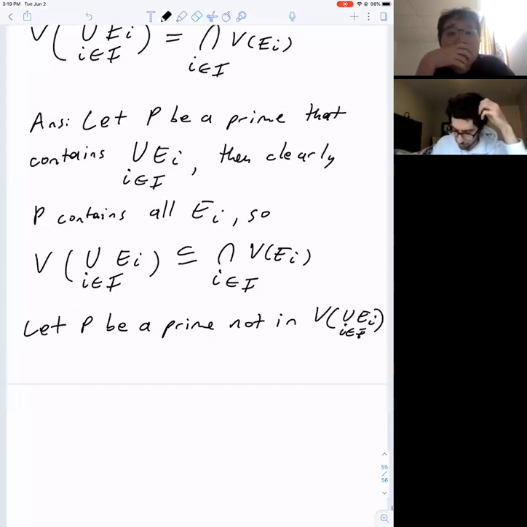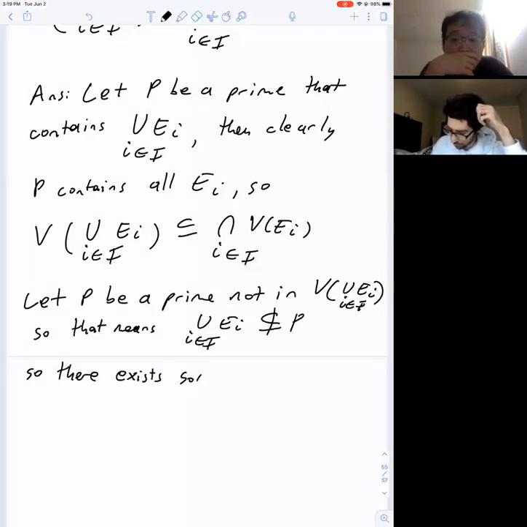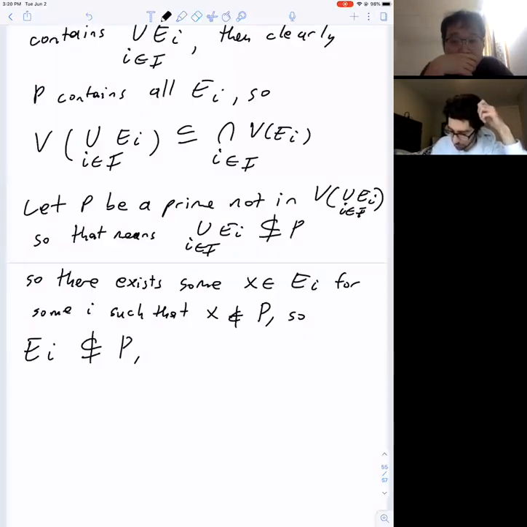So that means that the union of the E_i is not contained in P. So there exists some x in E_i for some i such that x is not in P. So that means that E_i is not contained in P. So P is not in V of E_i. And so we are done with question number 3.